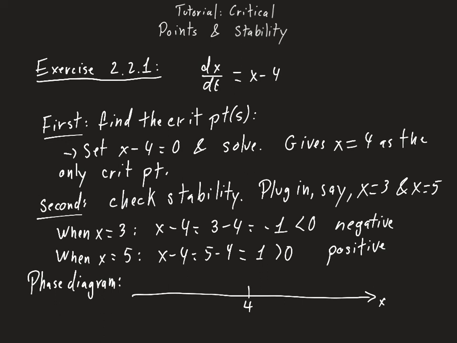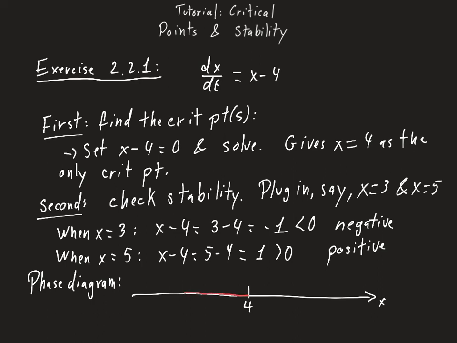And what you do is that you then indicate with arrows, so I'm going to do this, say, in red, the direction that the solution moves both to the left and to the right of this point of x equals 4. Now we found that when x is equal to 3, the derivative was negative, meaning the function is decreasing.